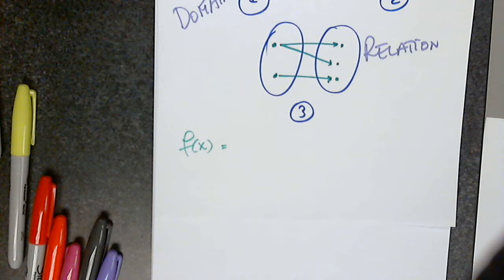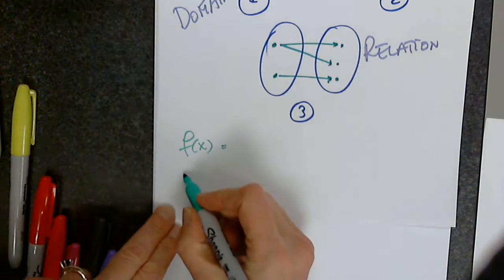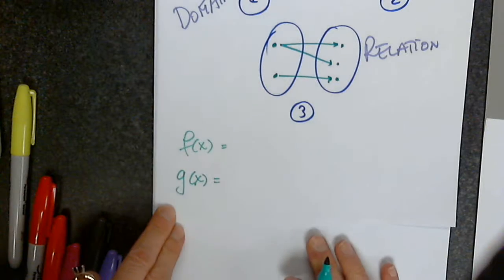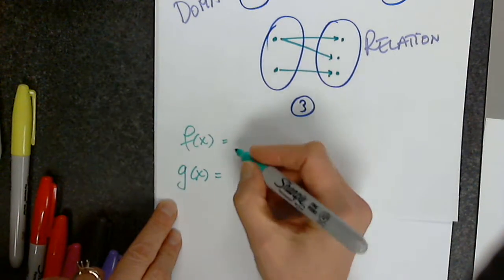So give me a quadratic function or a radical square root function, or both. Quadratic. Okay, ready?